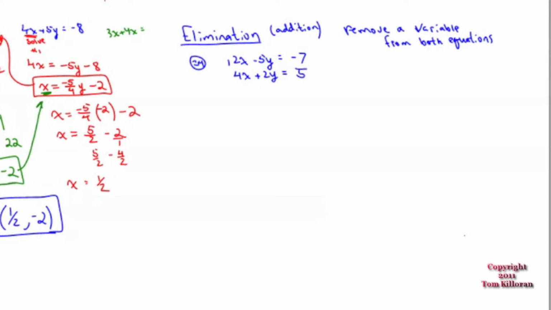Notice what I did different already. Usually I wrote them side by side. If you're going to do the elimination method, you have to write them over each other. The second thing that has to be true is they both have to be in standard form, ax plus by is equal to c, for this method to work.